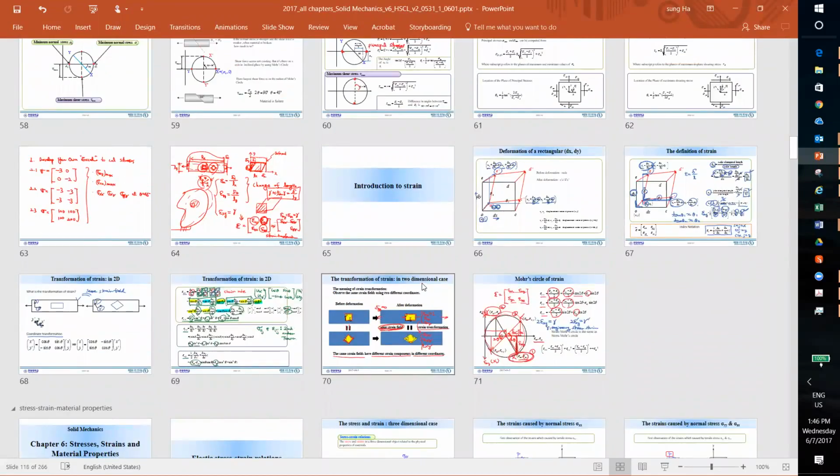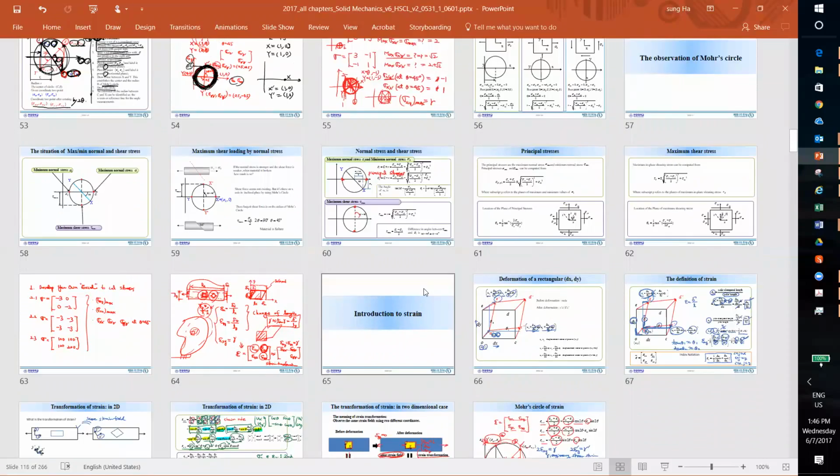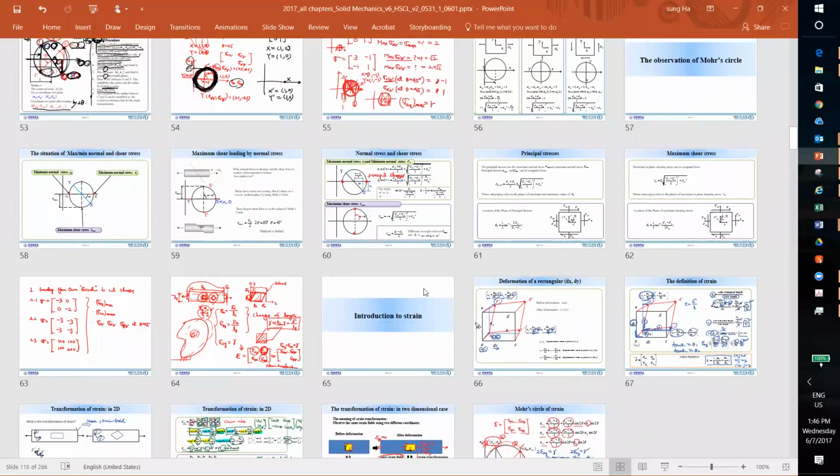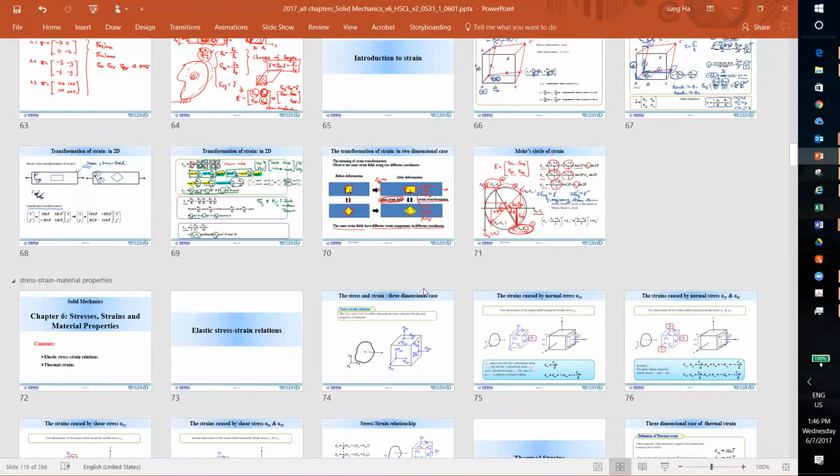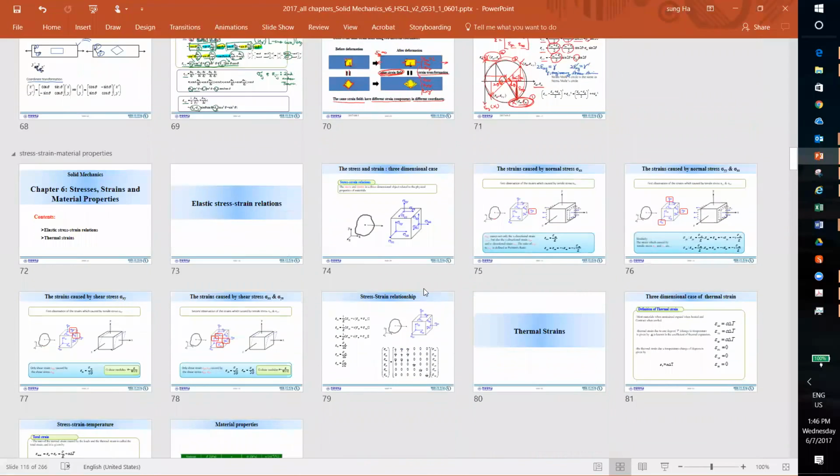I cannot tell you all the problems for each chapter. Again, mainly beam, torsion and failure.